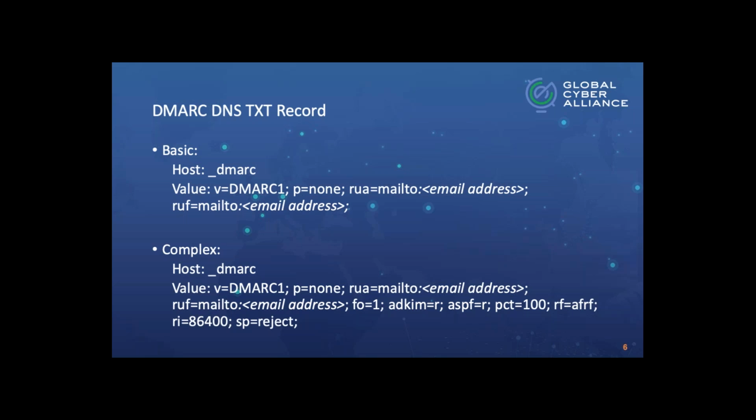So now when you're creating these records in DNS, the record you create needs to have a name, right? Not all DNS records have to have a name, but for DMARC, it requires a name or a host name. And that's going to be _dmarc. It'll always be _dmarc. There's no variation of that. It has to start with the underscore and then dmarc in lowercase afterwards.